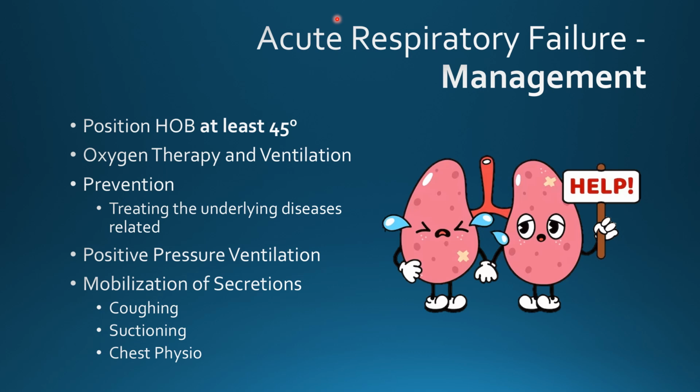We need to prevent, so using appropriate treatment of underlying diseases in relation to respiratory failure. We can provide positive pressure ventilation, so PPV, that is BiPAP or CPAP that we previously talked about. And encourage the mobilization of secretions through coughing, suctioning, and chest physiotherapy.